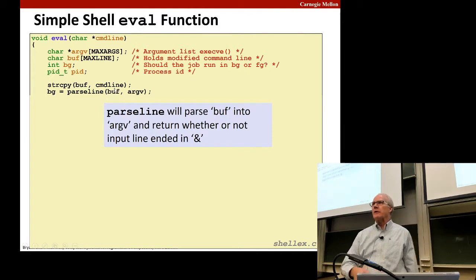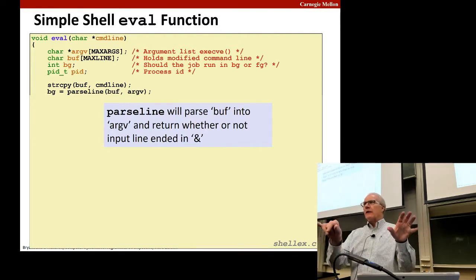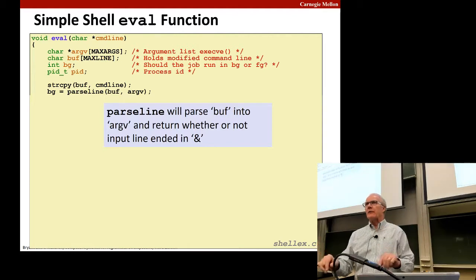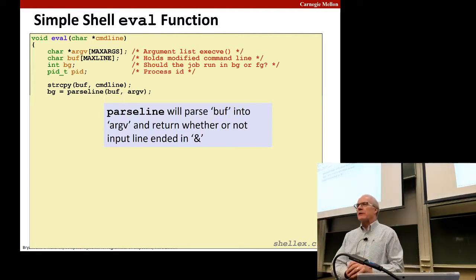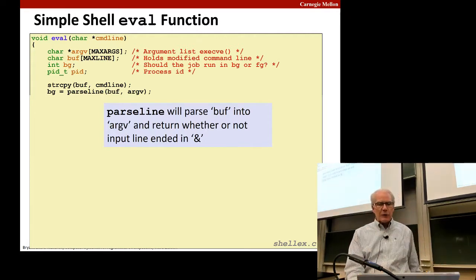The simplest way to do that is to replace all the spaces with nulls. Now the command line is broken into a series of separate strings, and I just have to create pointers to the starting places of those strings. I won't show the code for that, but you can imagine it's pretty easy to do.